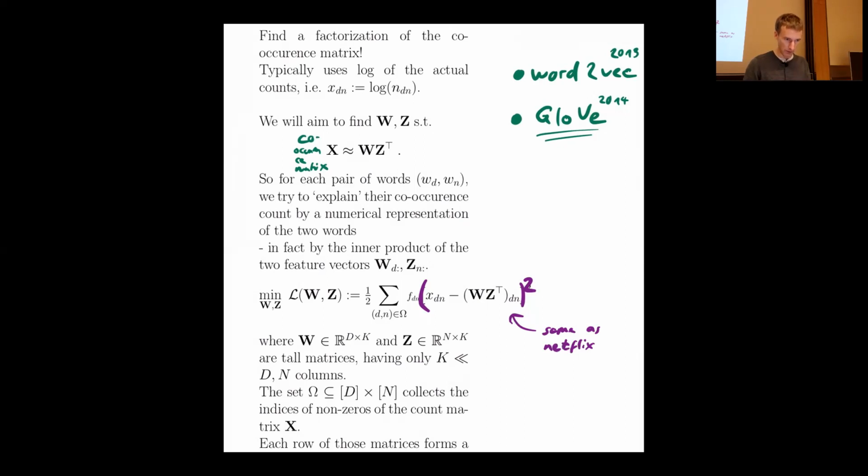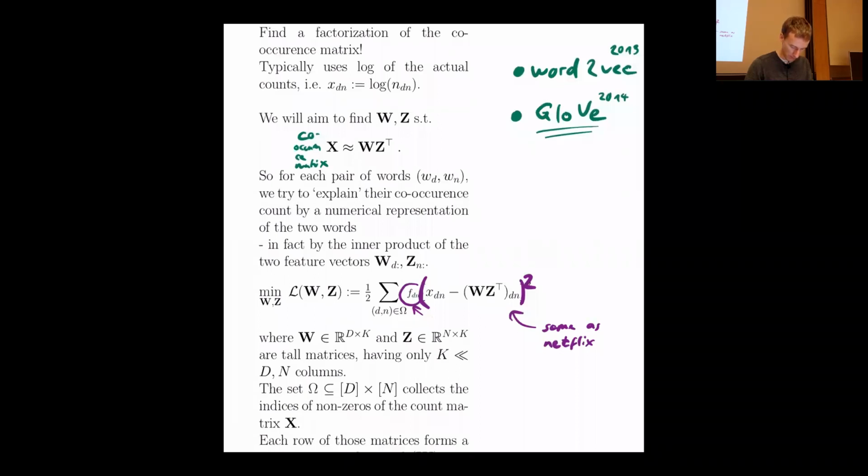Then there is a very small modification here. It's this F, which is in front. It's written in small font because it's just a weighting factor. I'll come back to that.